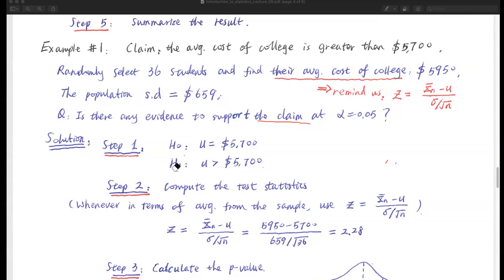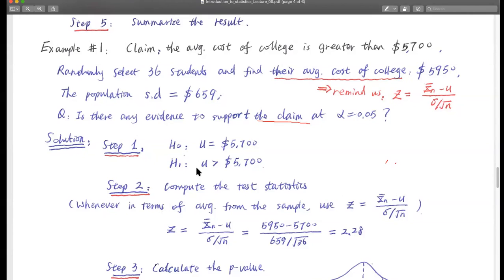So why do I care about H1, everybody? H1 here is the claim. Pay attention. That's the claim here. So at the end, when we make a conclusion, we always make a conclusion in terms of the claim. In this case, it is H1. So now we know reject H0 is equivalent to accept H1. You see that logic here?